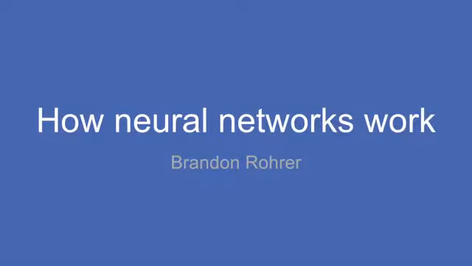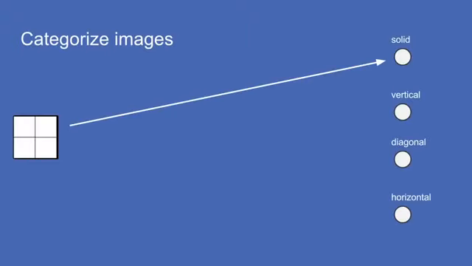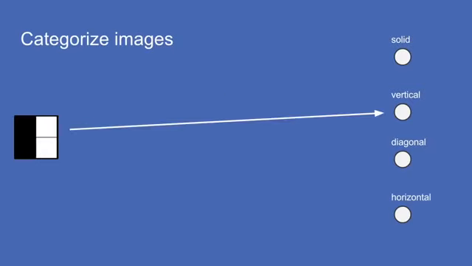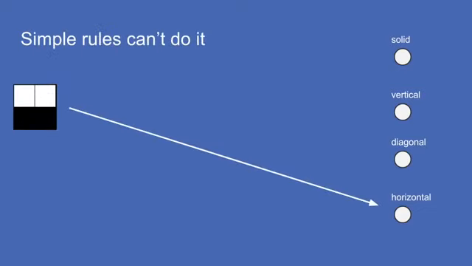Neural networks are good for learning lots of different types of patterns. To give an example of how this would work, imagine you had a 4-pixel camera. Not 4 megapixels, but just 4 pixels, and it was only black and white. You want to go around and take pictures of things and automatically determine whether these pictures were of a solid all white or all dark image, a vertical line, a diagonal line, or a horizontal line.